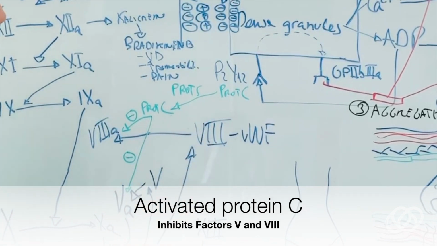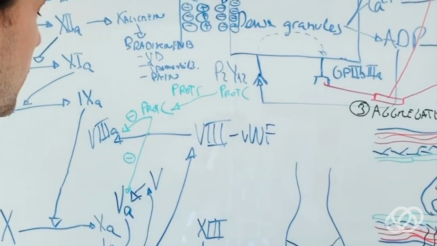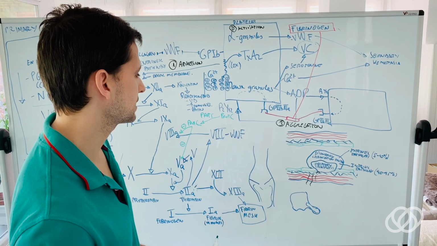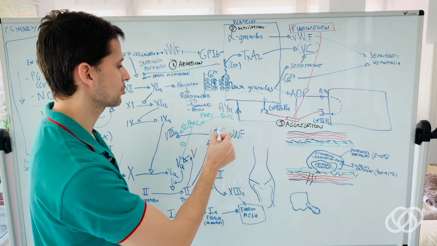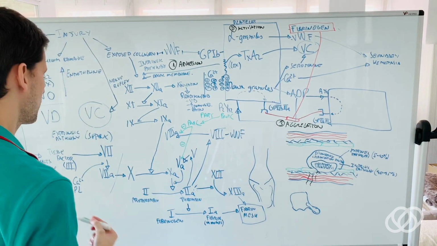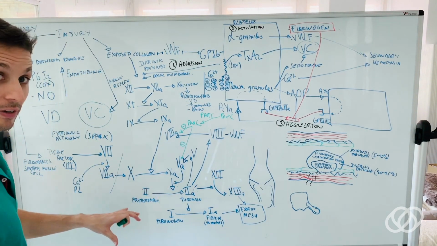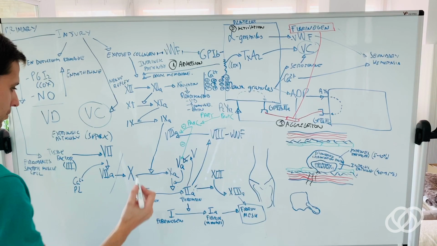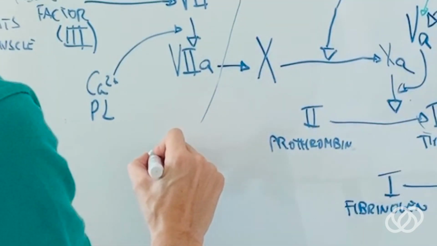That's why the system of protein S and protein C has anticoagulant effects, and mutations in those proteins can lead to prothrombotic events.